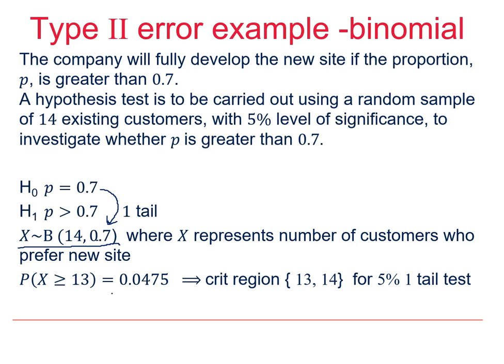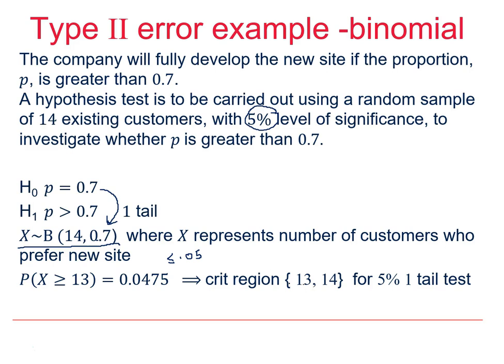And if you just check on your calculator, you'll find for this 5% test the extremely unlikely top tail that just keeps us under our 5% significance level for this one-tailed test is greater than or equal to 13 people out of 14 preferring the new site.